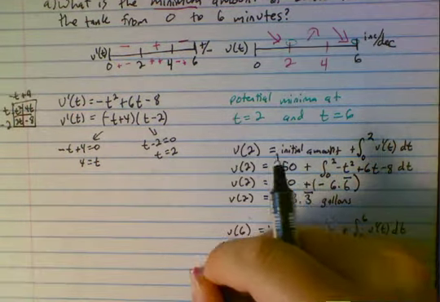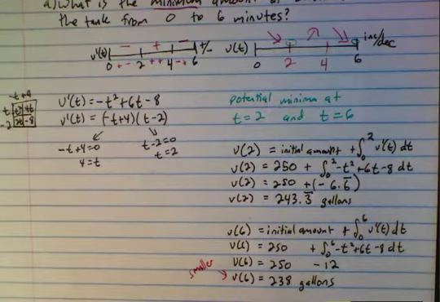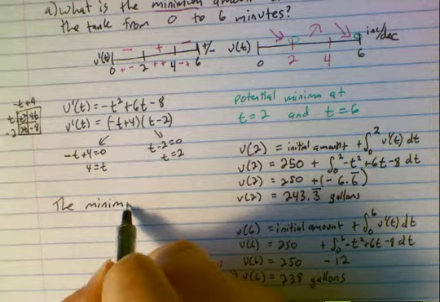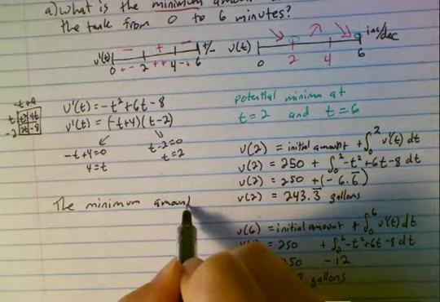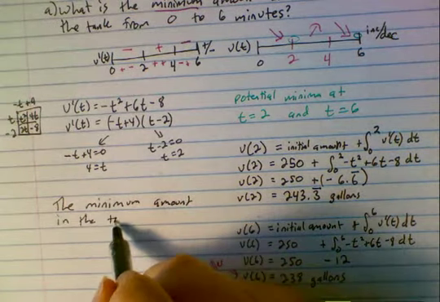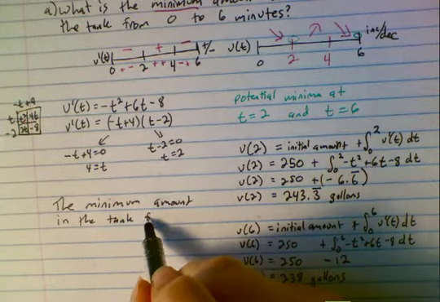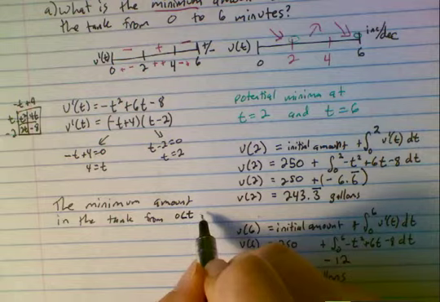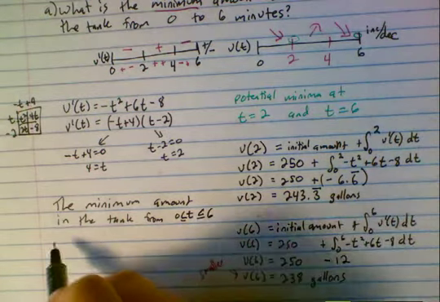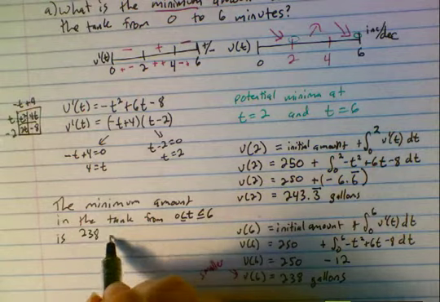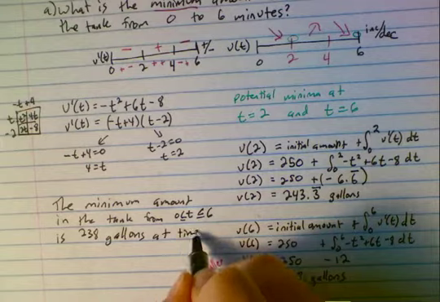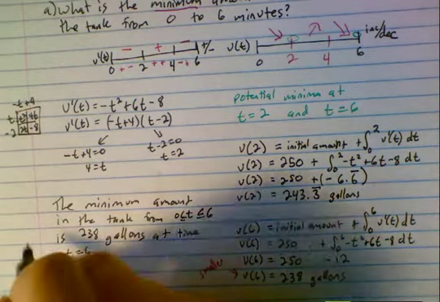This is smaller. So this means the minimum amount in the tank from 0 to 6 is 238 gallons at time t equals 6.